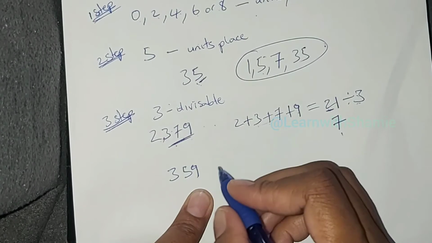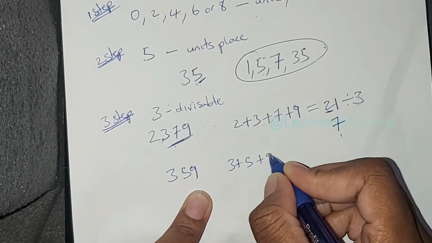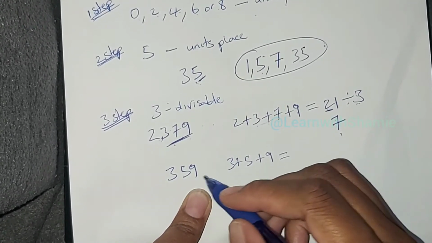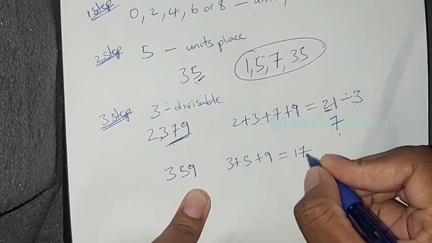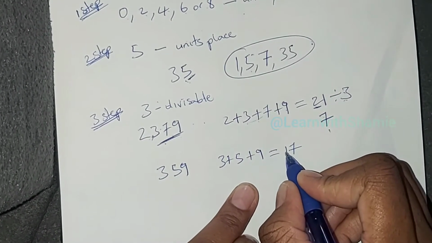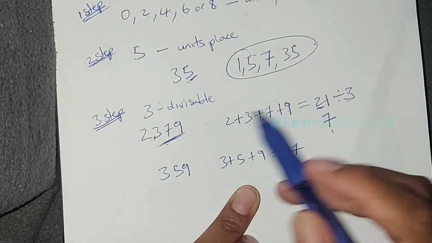The sum of 3, 5, and 9, 3 plus 5 plus 9 is equal to 3 plus 5 is 8 plus 9 is 17. So if this 17 is divisible by 3, then it's not a prime number.